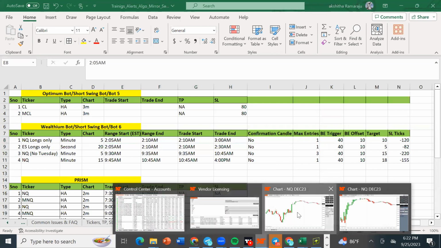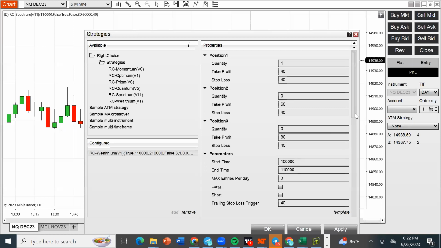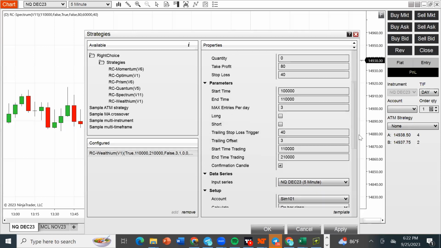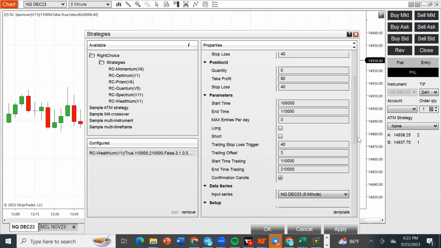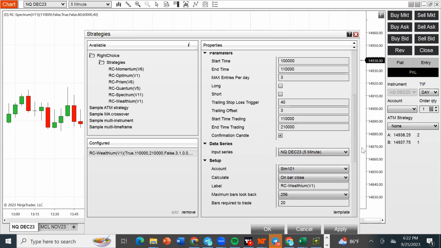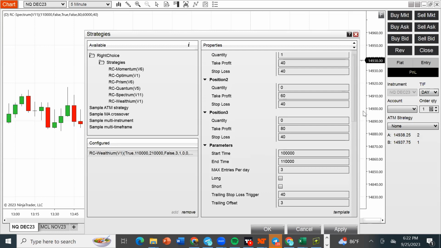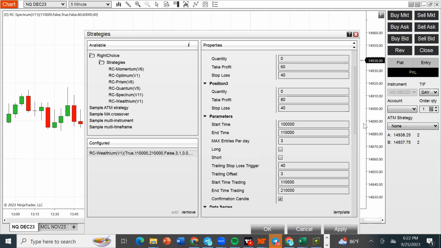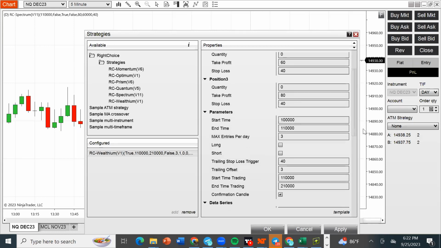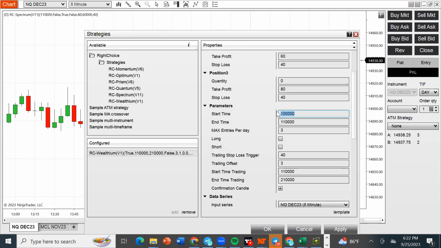Now let's go. Your start time is first looking at the overall market. Is it bullish? Is it bearish?